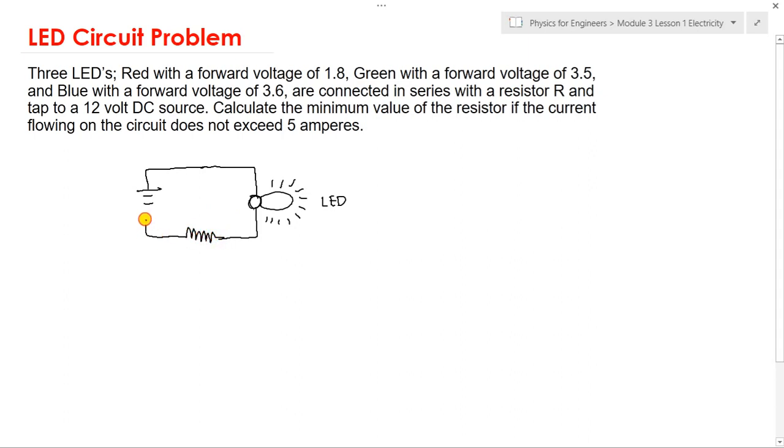Of course, gitawag ang resistor. Actually, sa circuit, okay, resistor. This is a current limiting resistor. Current limiting. Kay di ba, ang goal sa resistor is to limit the flow of current.